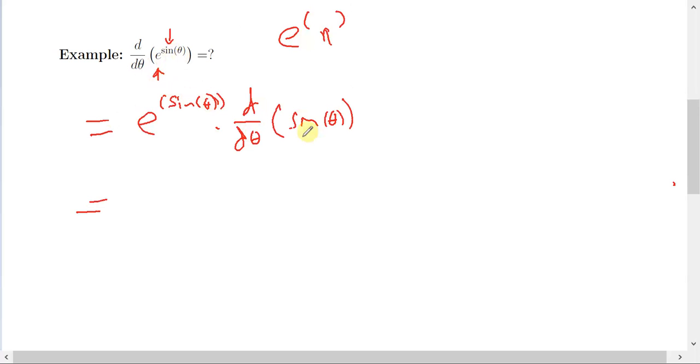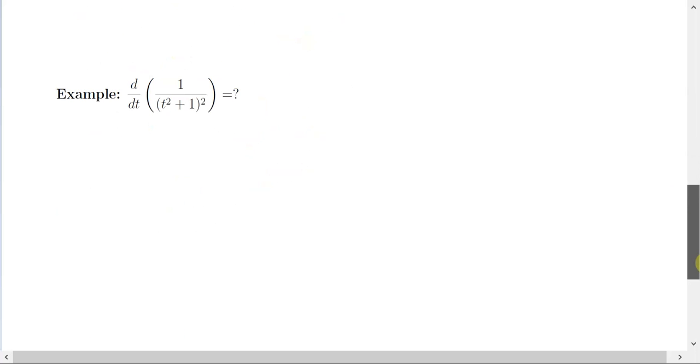And so the derivative of sine theta is cosine theta, and I'll just put that in front. So I get cosine theta e to the sine theta. So that's how you take the derivative of that function, that composition of functions, using the chain rule.